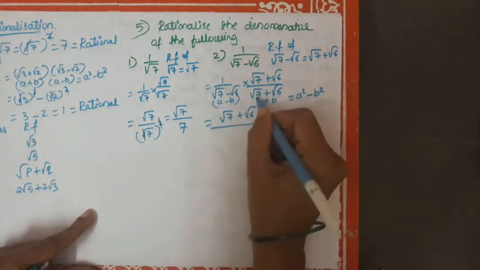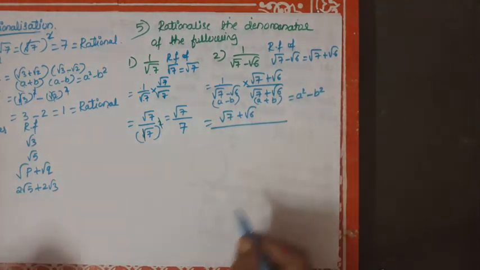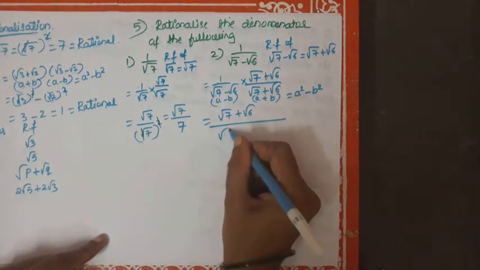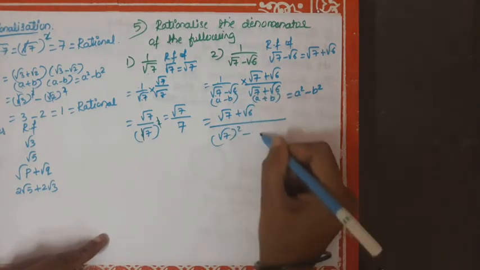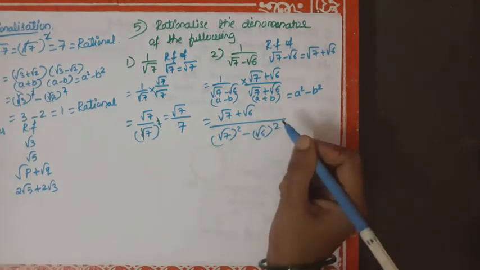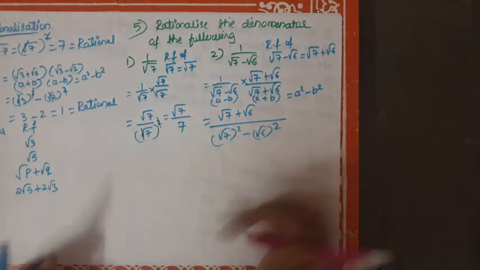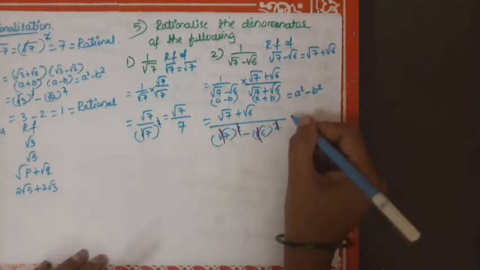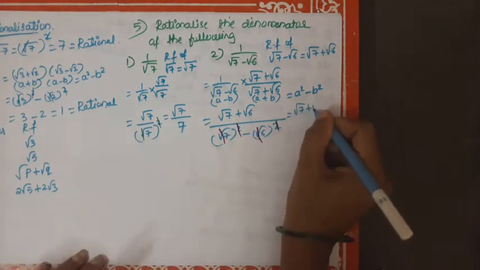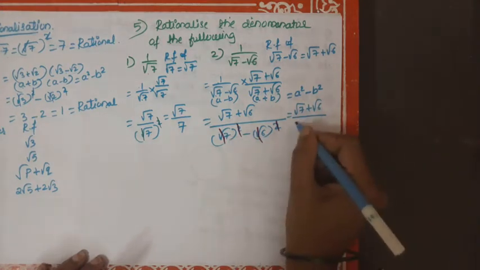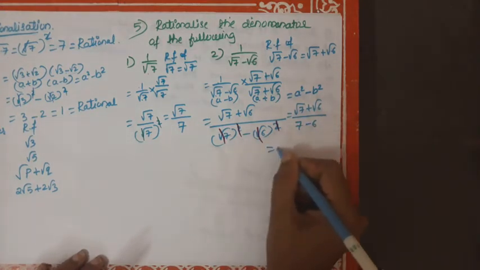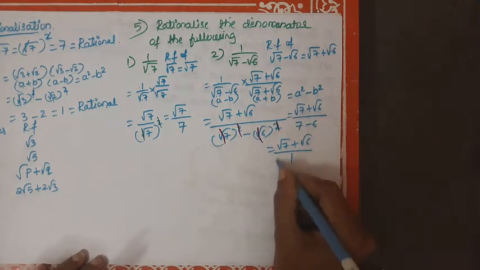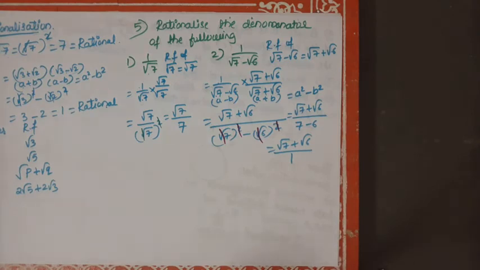A square is root 7 whole square minus b square is root 6 whole square. So here also the square and square root get cancelled. Then we have root 7 plus root 6 divided by 7 minus 6, which is 1. The denominator is rationalized.